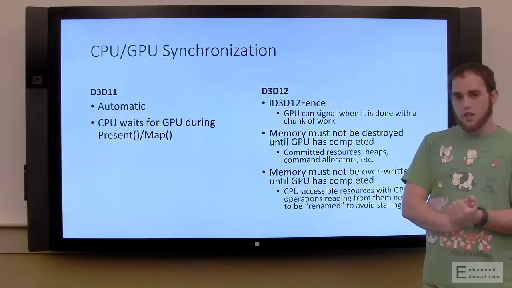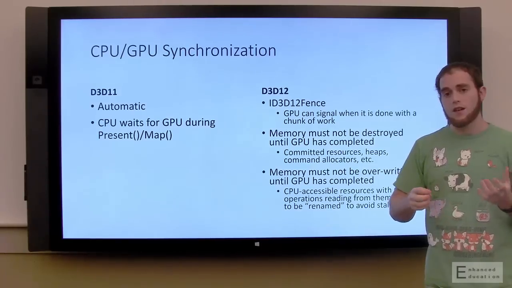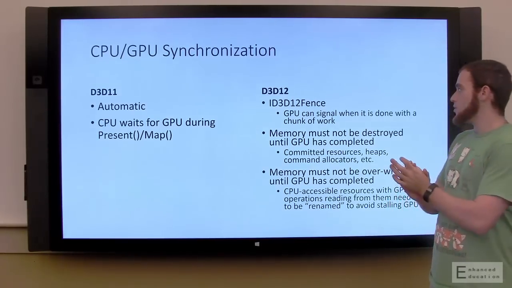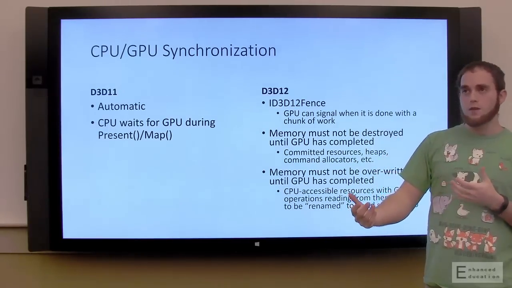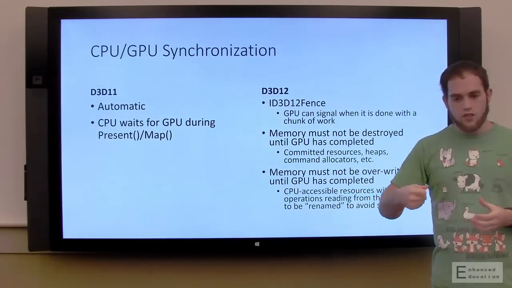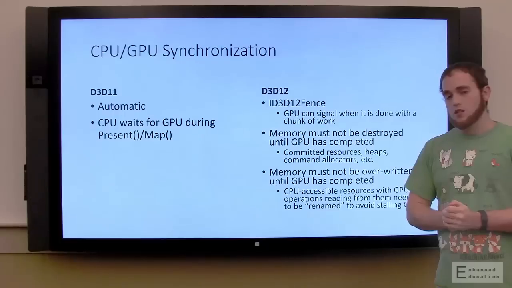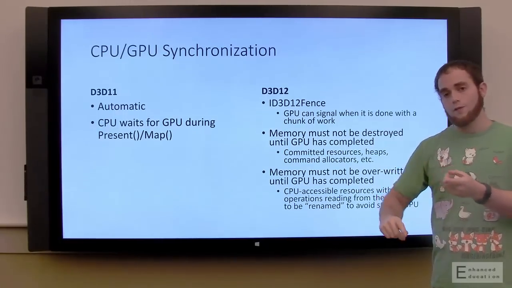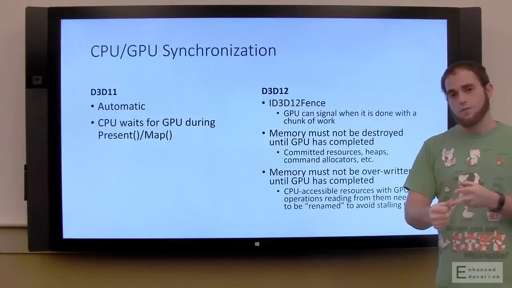In D3D12, it is up to the application developer to manage this CPU-GPU timeline explicitly. So what this means is that if I submit some work to the GPU, I actually need to know what resources and what memory that GPU operation is going to use. And I need to make sure that they are not only still alive, but they actually still have the same contents until the GPU has finished using them.